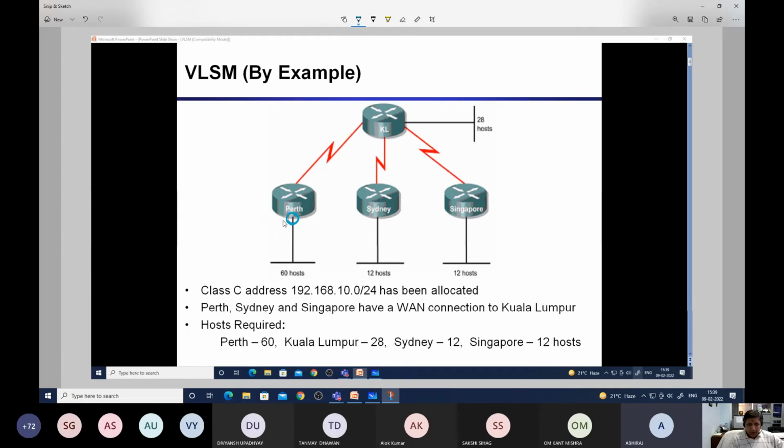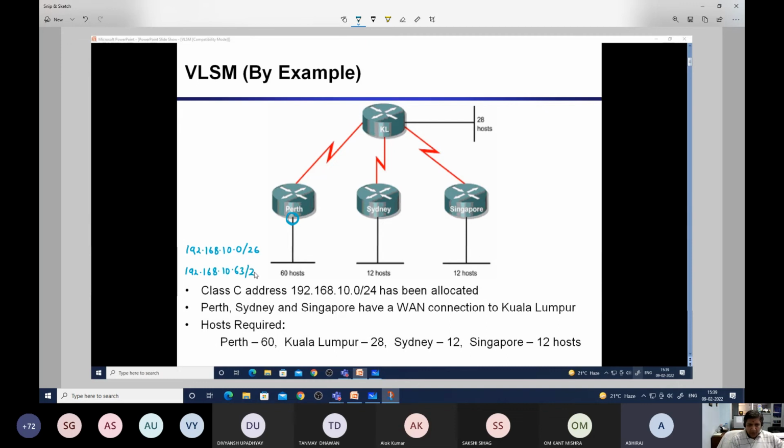So let me write. The subnet ID of this subnet is 192.168.10.0/26. Broadcast ID 192.168.10.63.